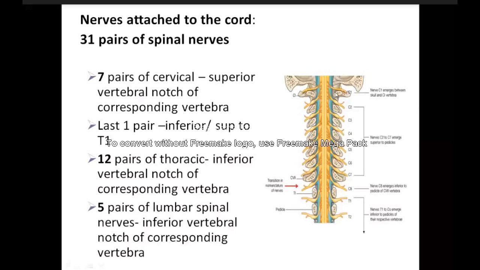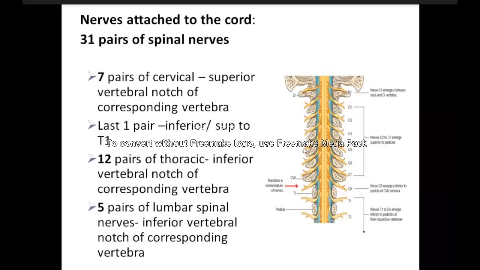Out of 31, there are 8 pairs of cervical, 12 pairs of thoracic, 5 pairs of lumbar, 5 pairs of sacral, and 1 pair of coccygeal. There are 7 cervical vertebrae, but 8 pairs of cervical nerves. Don't get confused, it's commonly asked in viva. Altogether there are 31: 8 cervical, 12 thoracic, 5 lumbar, 5 sacral, and 1 coccygeal.